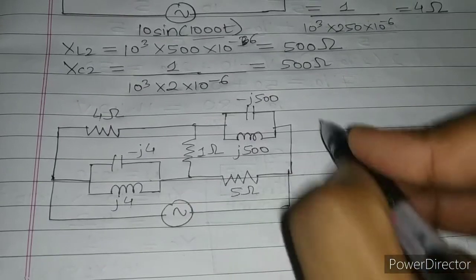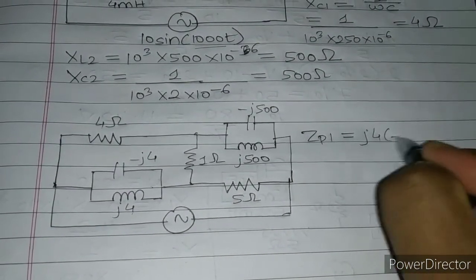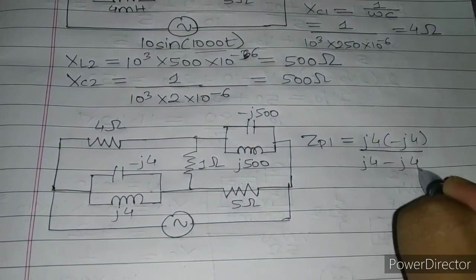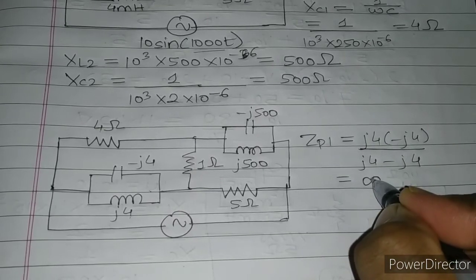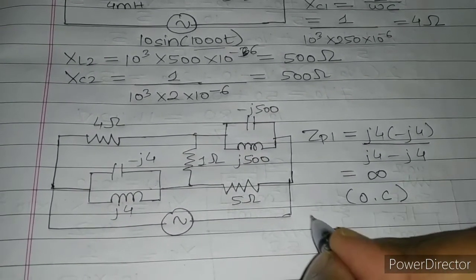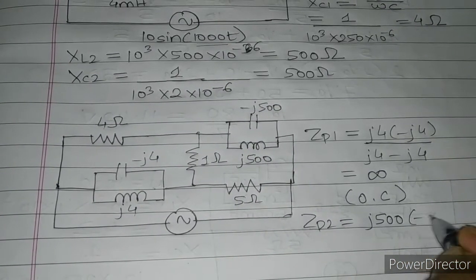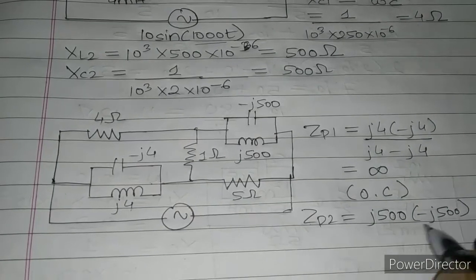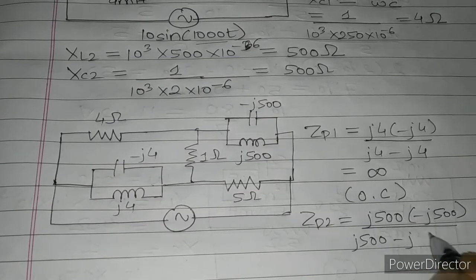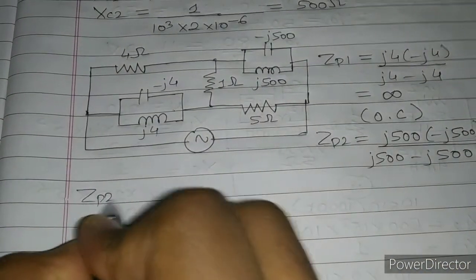The parallel equivalent of the circuit will be ZP1 is equal to j4 into minus j4 upon j4 minus j4, which is equal to infinite, which means the circuit will act as an open circuit as it is providing infinite impedance. Now ZP2 is equal to j500 into minus j500 divided by j500 minus j500, which is again equal to infinite, and hence this circuit will also act as an open circuit.